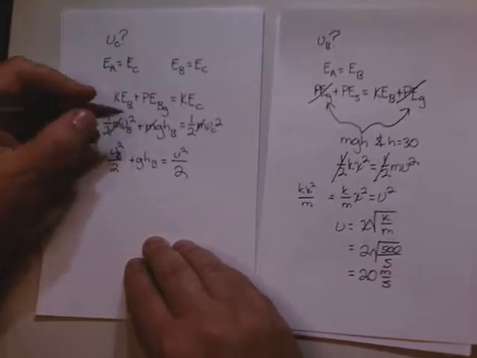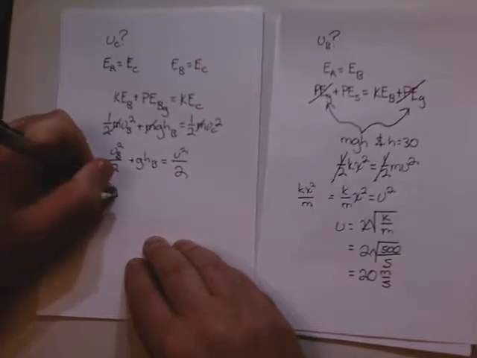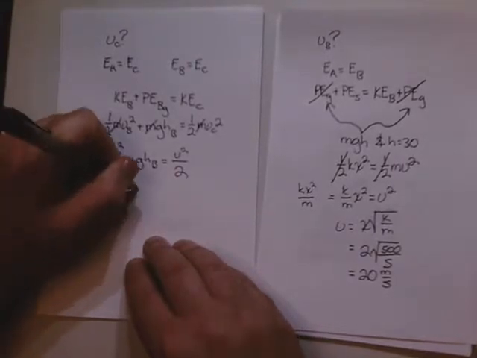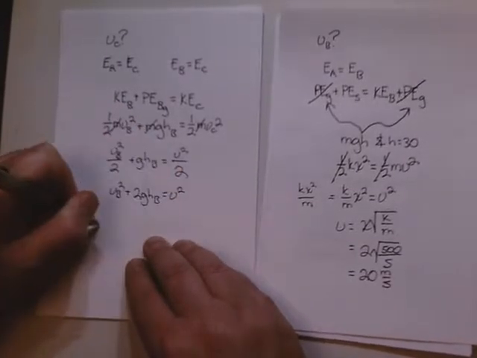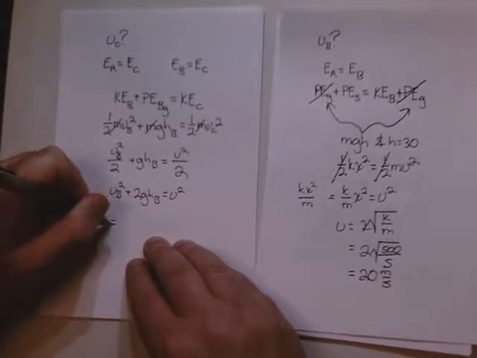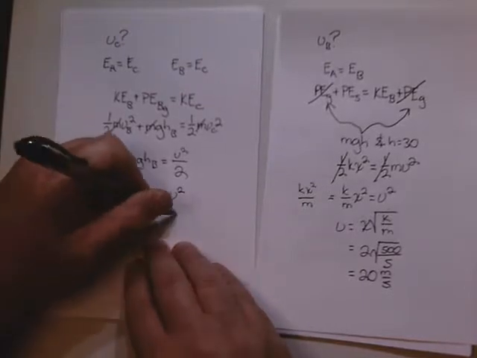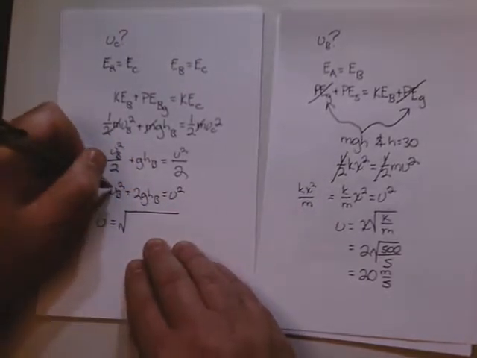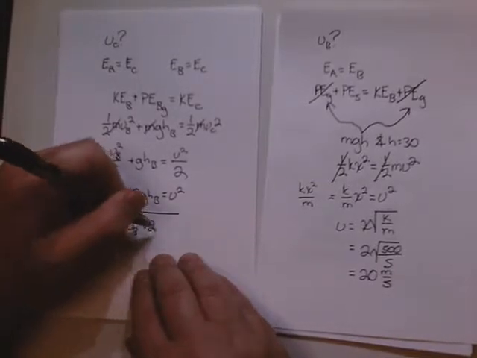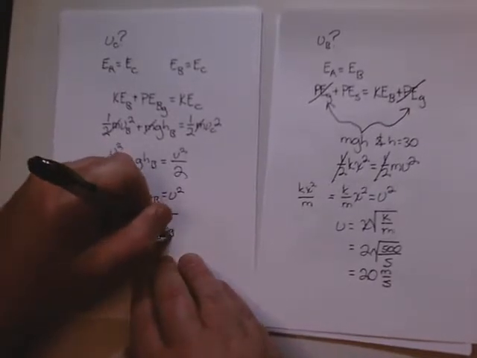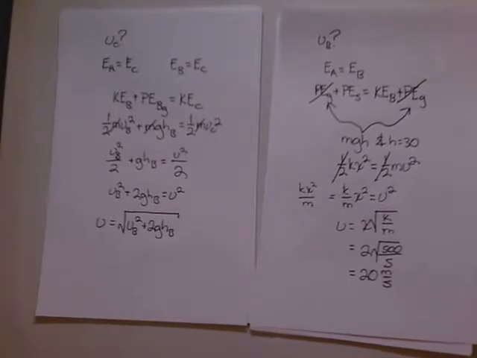So now multiply everything by 2. Square root it. Now the VB squared won't go to VB, but it will do that.